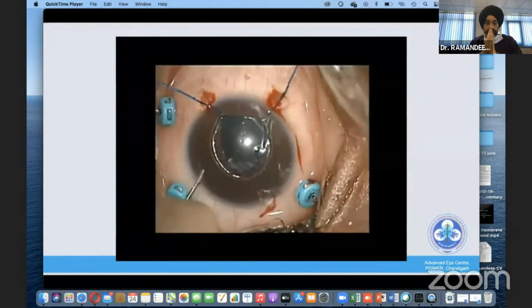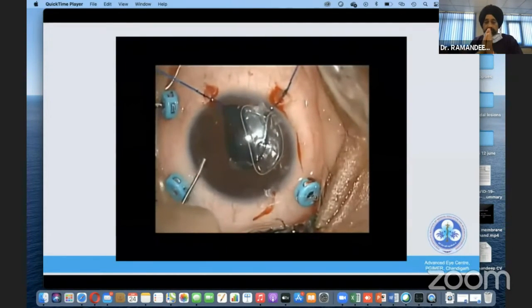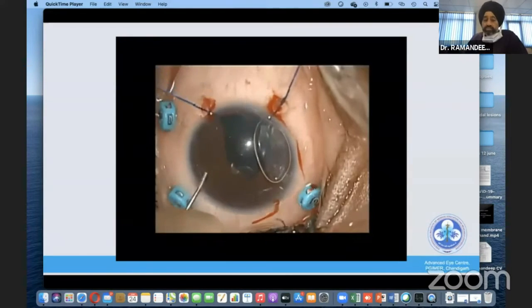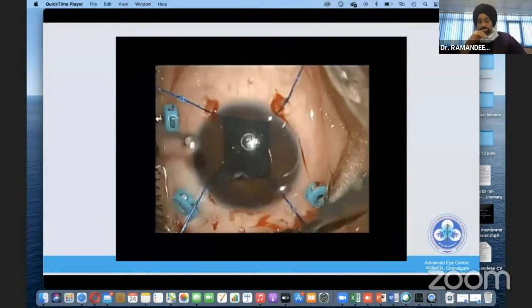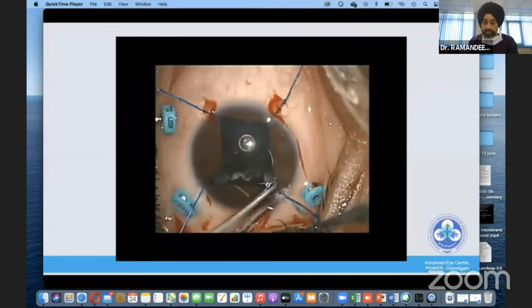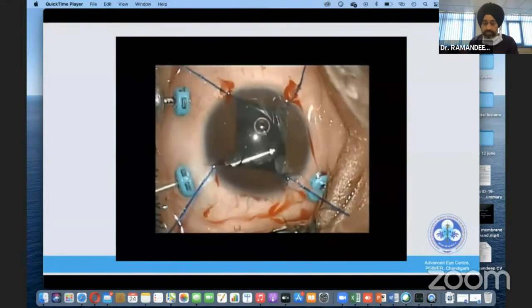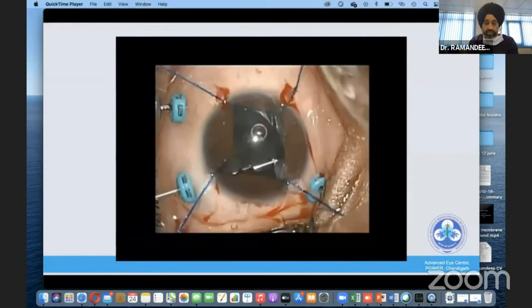So a meticulous dissection is done with the help of a cutter and the suction. And again, I've told you why it is important, because we need to have a good view of the periphery, so that we are able to see the ciliary body clearly when we come to dissecting it.